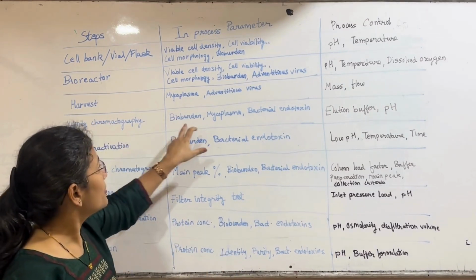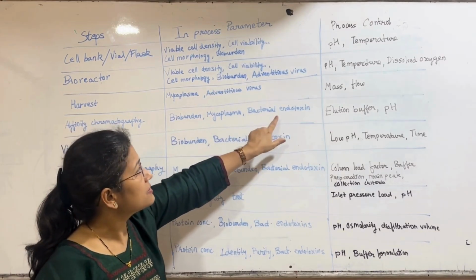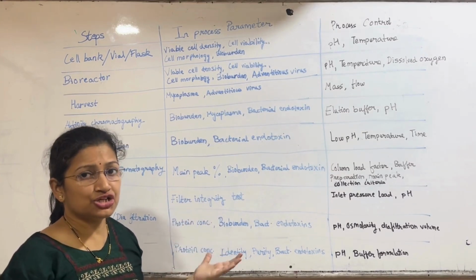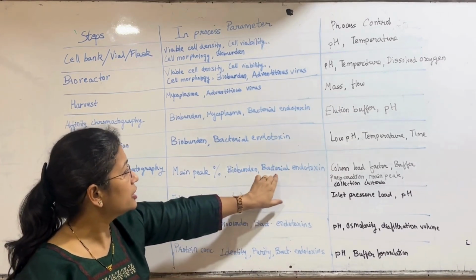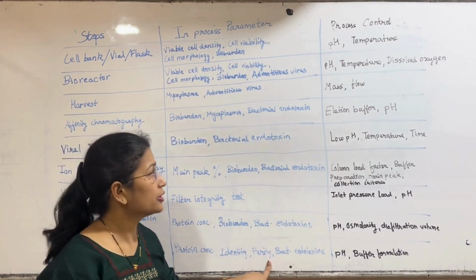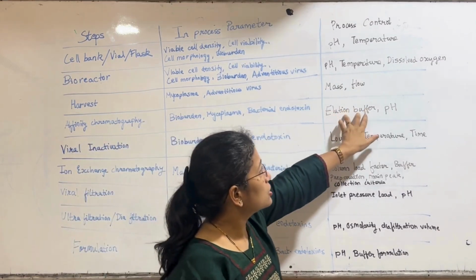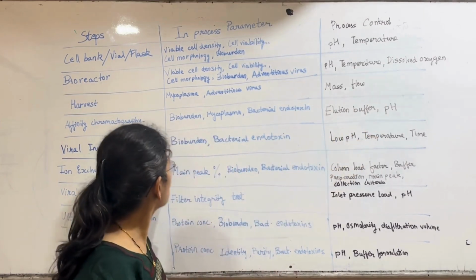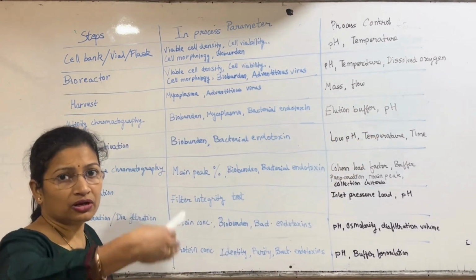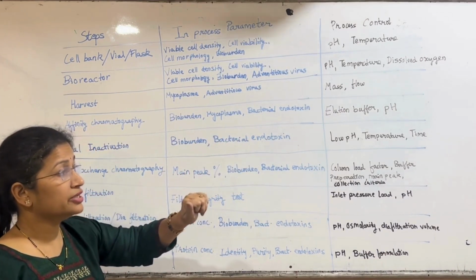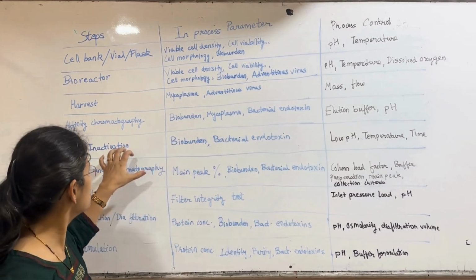During affinity chromatography: bioburden, mycoplasma and bacterial endotoxin. Since these will be injections, bacterial endotoxin is a highly important parameter. The controls will be elution buffer and pH, because in affinity chromatography, as the solutes elute, we need to understand the quantity and the elution buffer we are using.